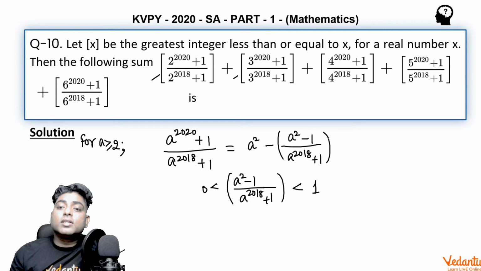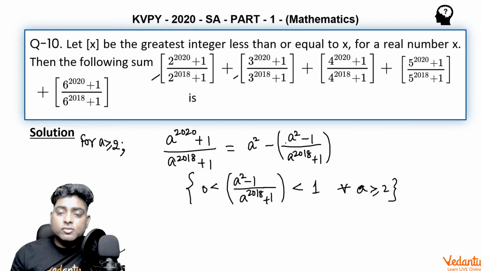So what about the upper part? For all a greater than or equal to 2, we have a squared minus this quantity, and this quantity lies between 0 and 1. So a squared minus something between 0 and 1 will be less than a squared but more than a squared minus 1.